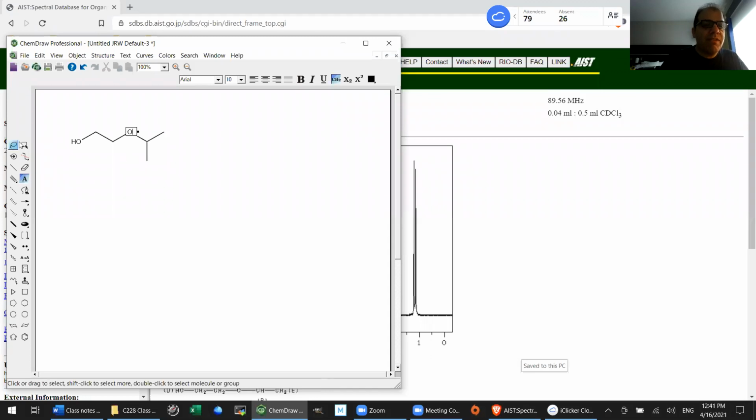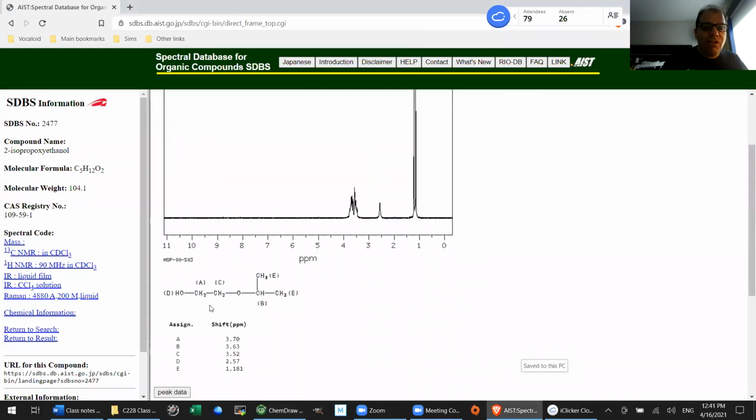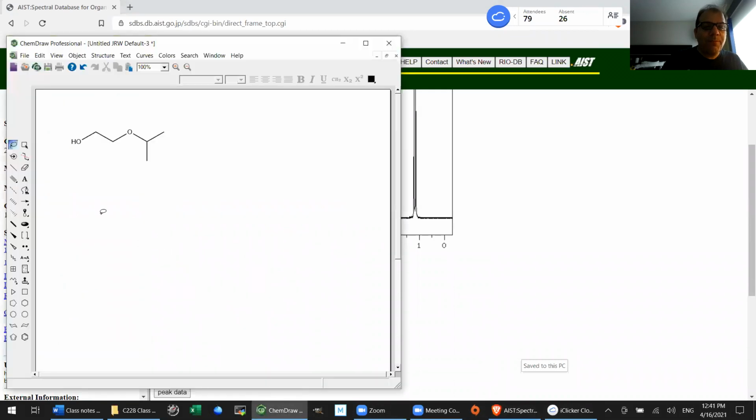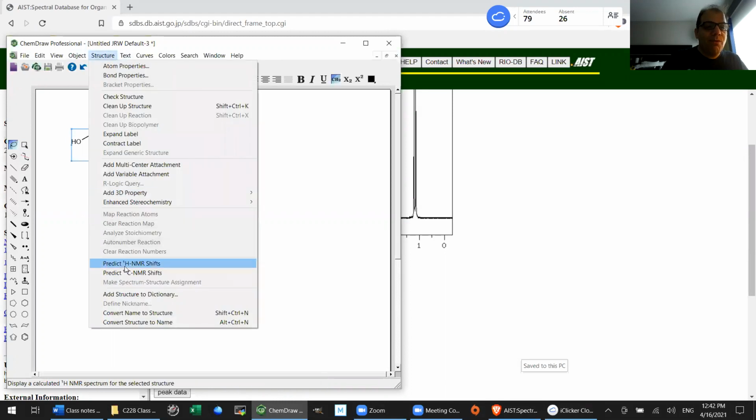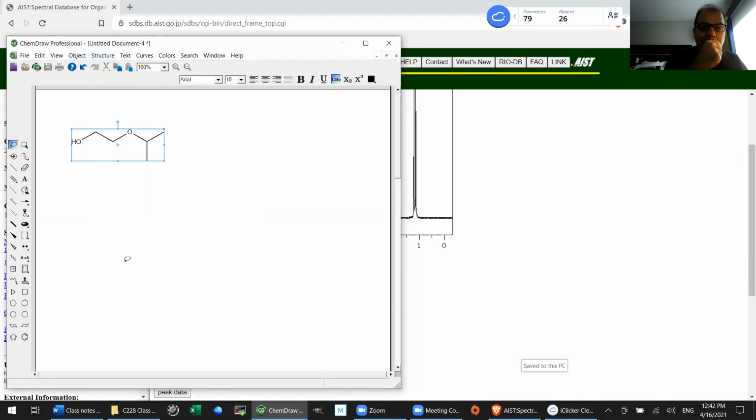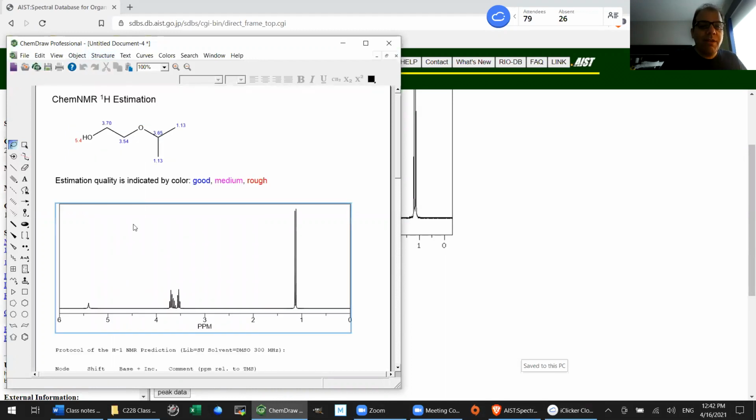I think that's right, isn't it? HOCH2CH2O isopropyl. All right, you ready? Predict proton NMR shifts. It looks a little better.